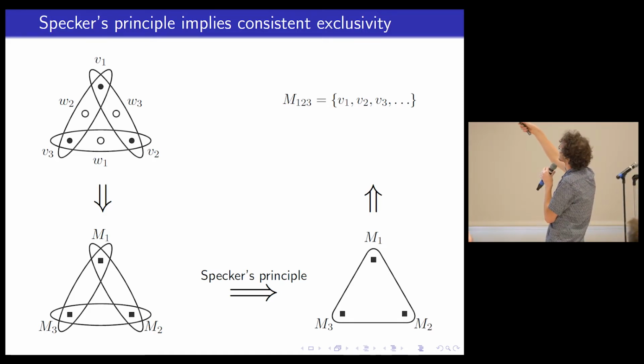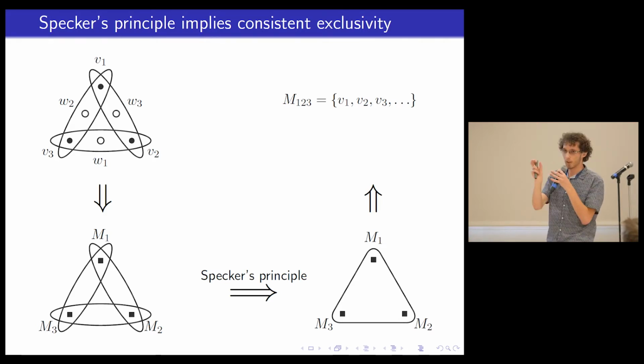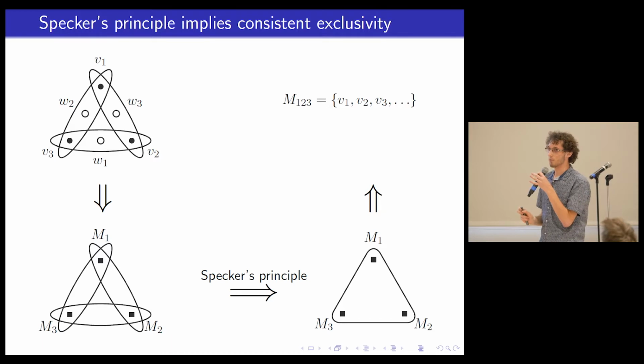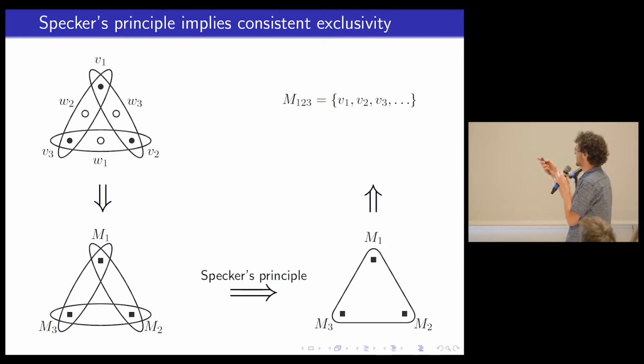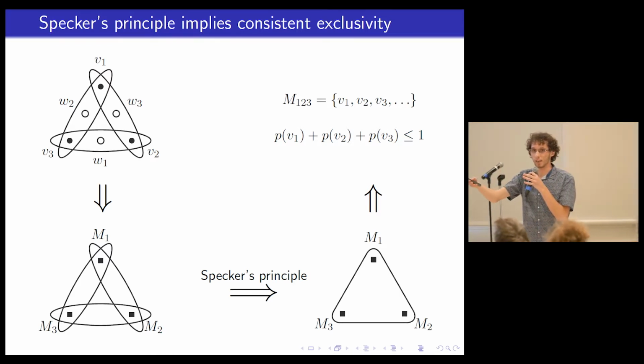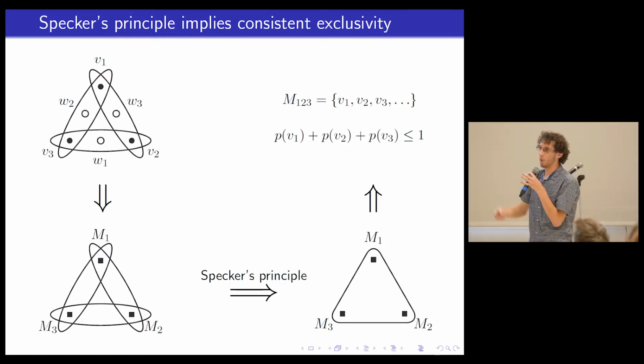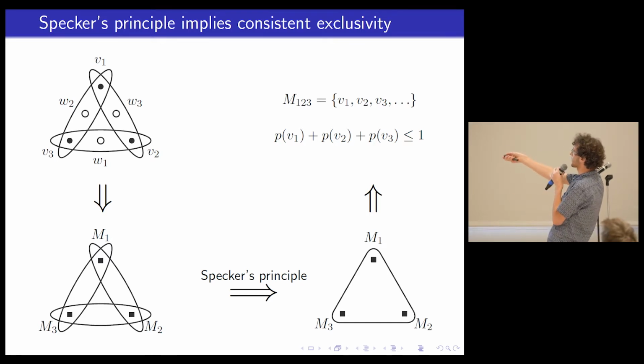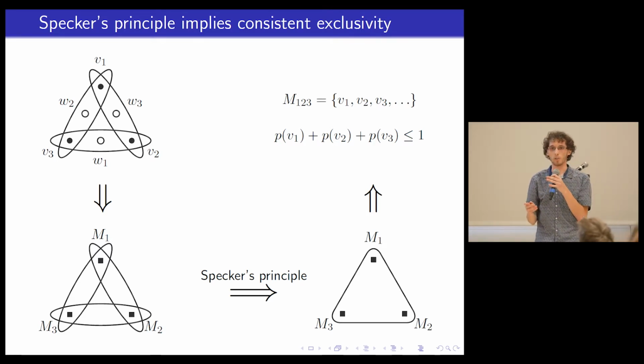And it must have outcomes V1, V2, V3, because those were pairwise exclusive to begin with. And now, from this, it directly follows that the probabilities of V1, V2, and V3 have to be bounded by 1. But you see that we had to assume that Specker's principle holds.